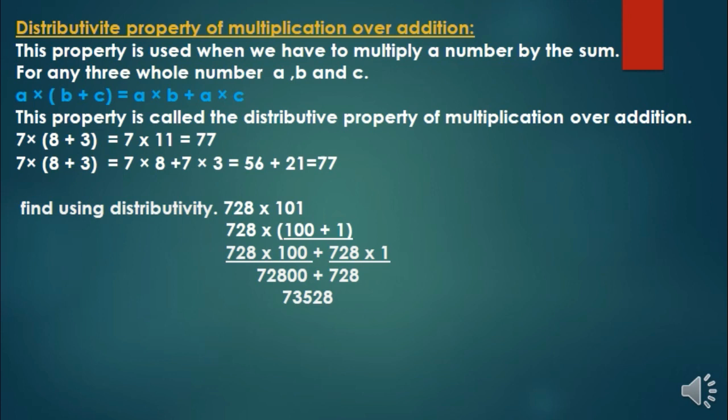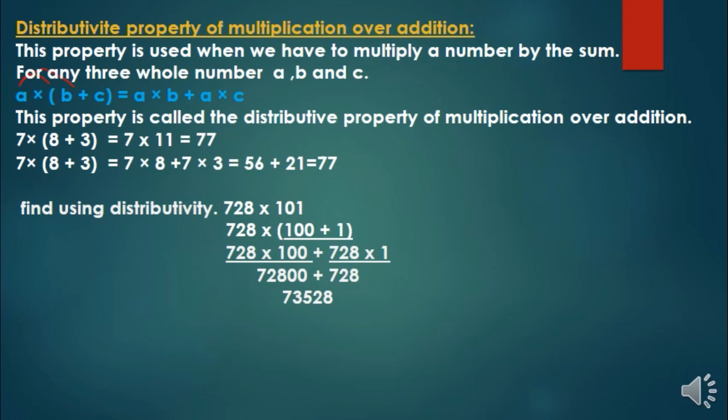For any three whole numbers a, b and c, if we have to multiply a with b plus c, then first we will multiply a with b and then we will multiply a with c. Means a multiplied by b plus a multiplied by c. This property is called the distributive property of multiplication over addition.